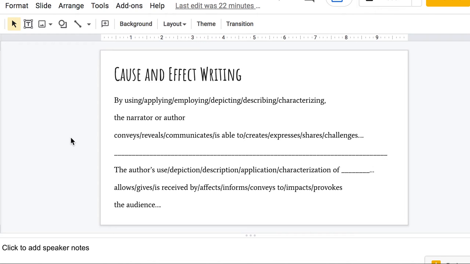The author uses, depicts, describes, applies Horatian satire through specific diction, through tonality, through rhetoric. It's up to you, really, what type of language devices connect to the particular purpose of your work. So please make sure that you use these particular verbs. They really help with being able to articulate your ideas clearly.